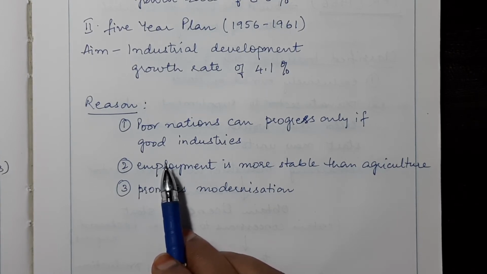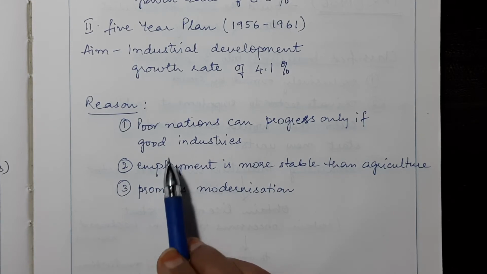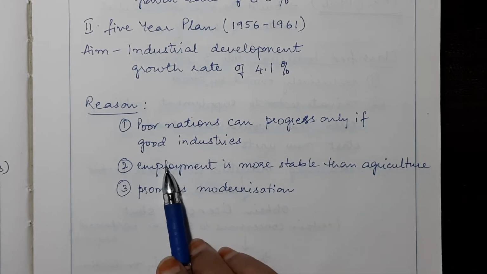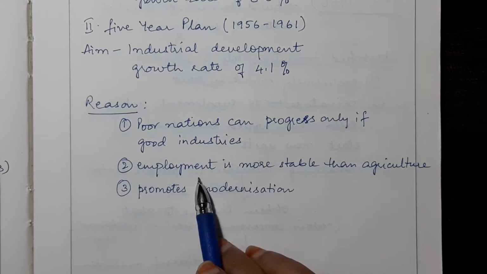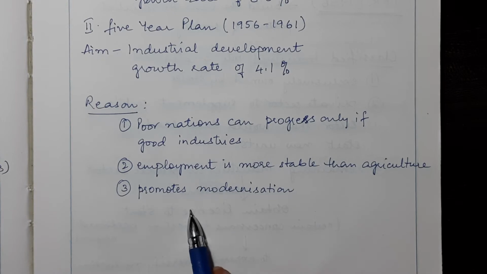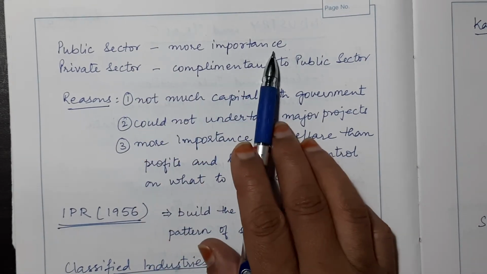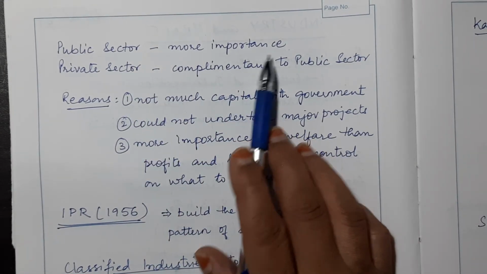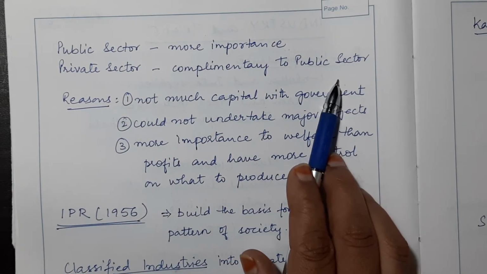The reasons for the emphasis on industrial development were that poor nations can progress only if they have a good industrial sector. Industries also provide employment, which is more stable than employment in the agricultural sector. And it also promotes modernization and hence overall prosperity. The public sector units were given more importance, and the private sector was only complementary to the public sector.